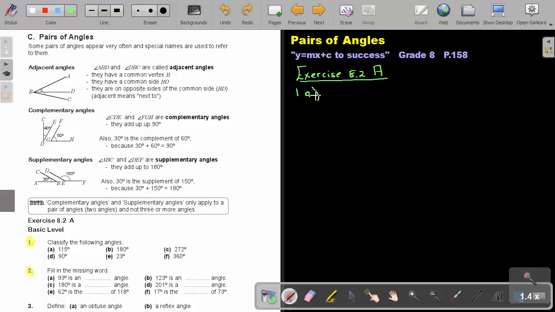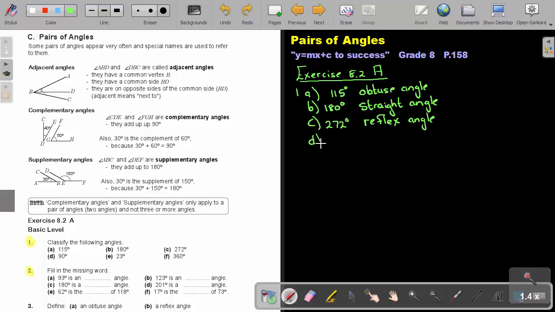First, classify the following angles. 115 degrees is between 90 and 180, so it is an obtuse angle. Number B, exactly 180 degrees, is a straight angle. Number C, 272, is between 180 and 360, so we call it a reflex angle.